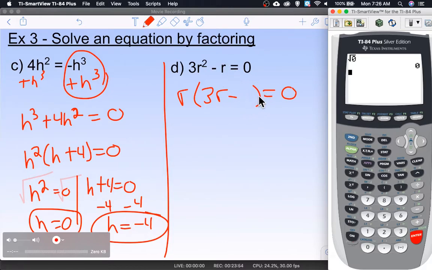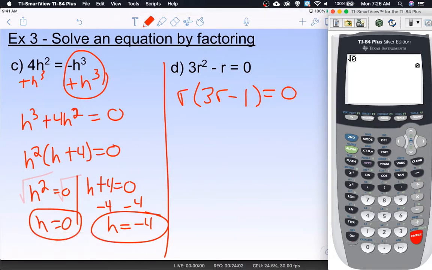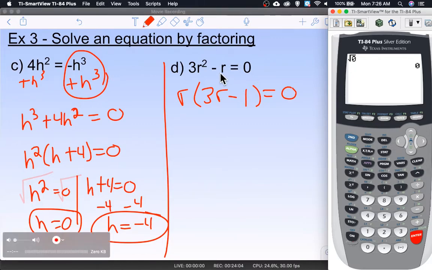If you put a 0 here, r times 0 is 0. We need it to be a 1, just like if you have a fraction, something divided by itself equals 1. Here I'm taking r and it's almost like dividing the whole thing by r, reverse multiplying, which is divide. We would get 1. So r times 3r is 3r squared. r times a negative 1 is a negative r.